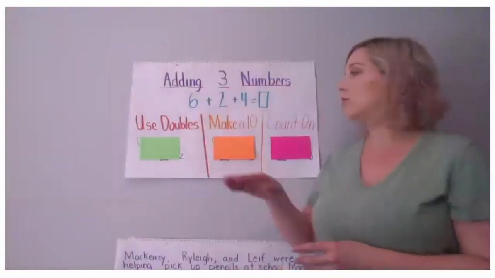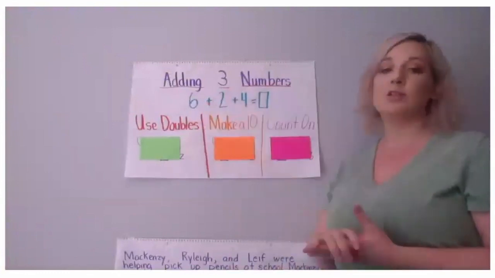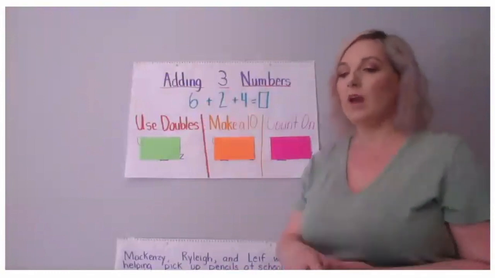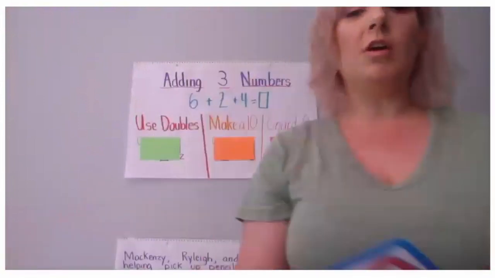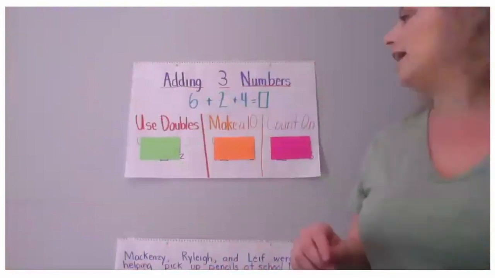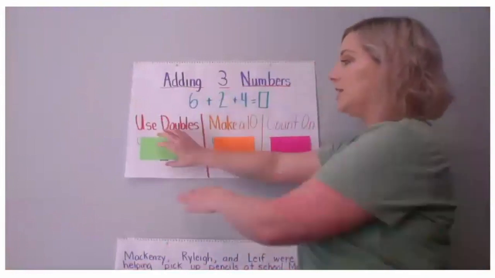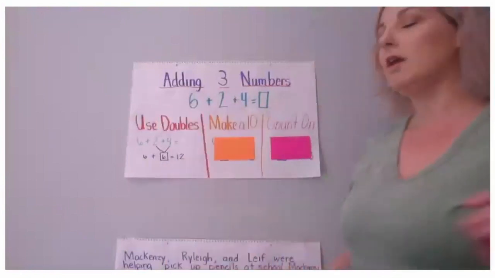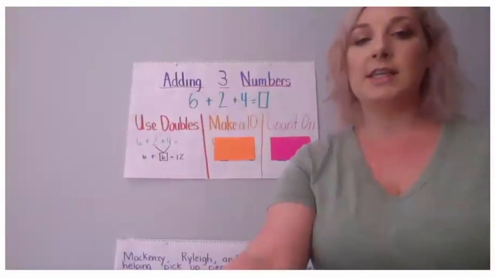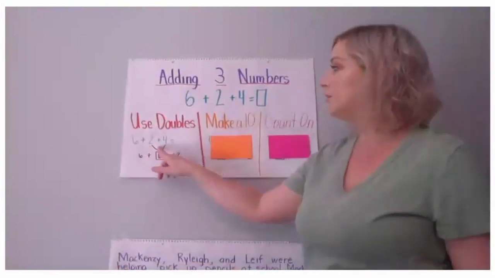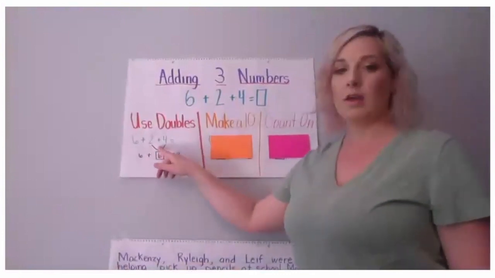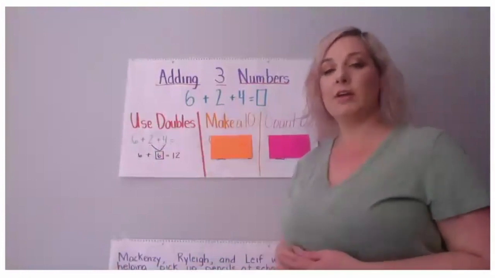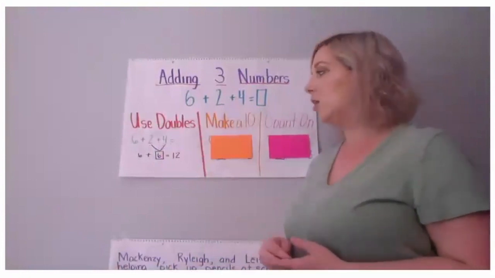So when we're looking at our equation with three numbers, we're going to be looking for those to help us solve it quicker. Since we've gone over those cards, let's look at our first strategy. Our first strategy is using a doubles fact. If I have 6 plus 2 plus 4, and I want to solve it quickly, I'm going to pick two numbers to put together that I know are going to help me solve it quicker.